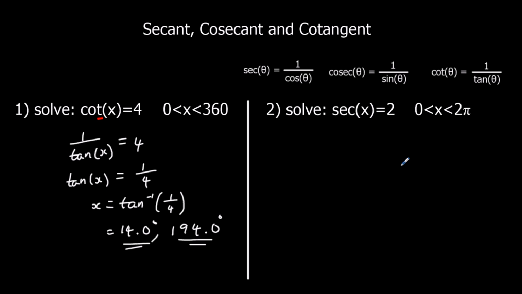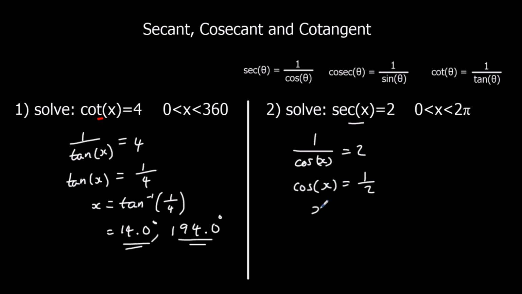Second question, solve sec x equals 2. And we're in radians this time. So sec is 1 over cos. So 1 over cos x is 2, which means cos x is 1/2.